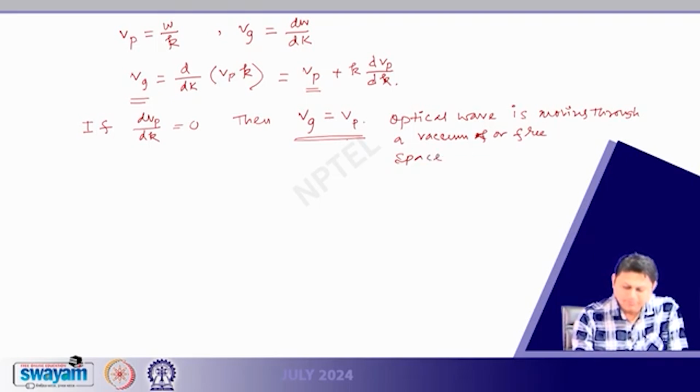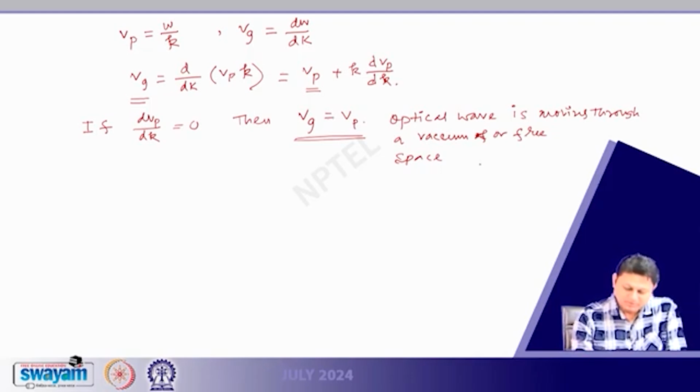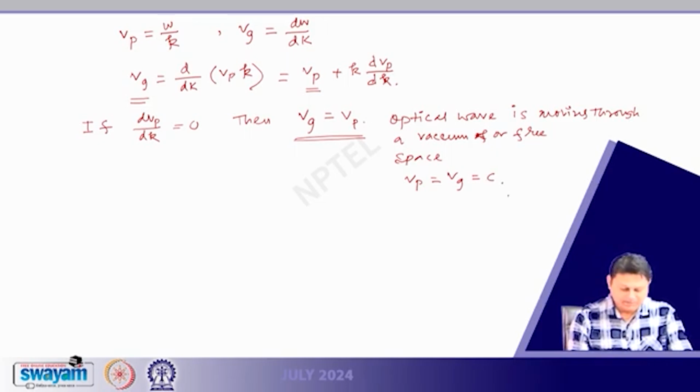Then Vp is equal to Vg, and they are equal to the speed of light C.